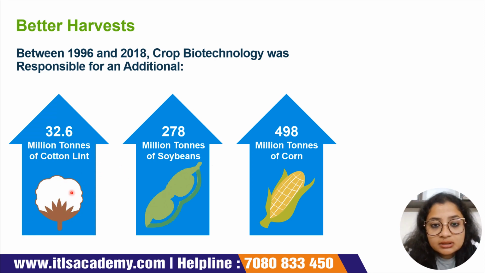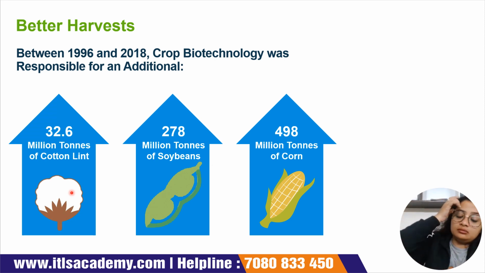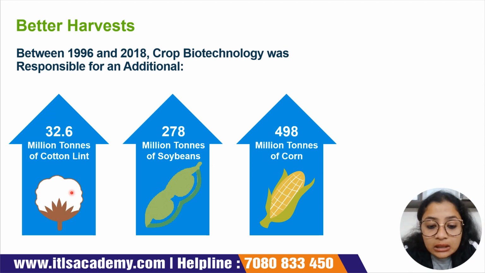So these 32.6 million tons of cotton lint were actually produced through genetic modification. Then we have 278 million tons of soybeans produced through genetic modification or genetic engineering, and we have 498 million tons of corn. So the number is maximum for corn. So 498 million tons of corn are also being produced as a part of genetically engineered plants.